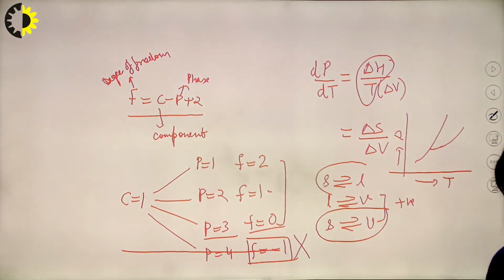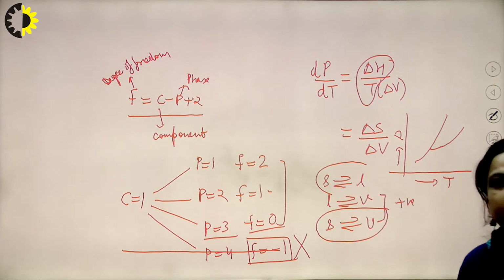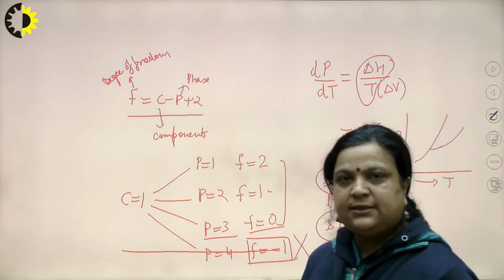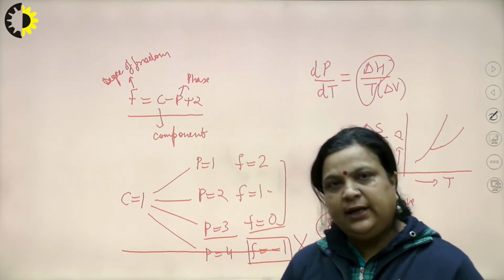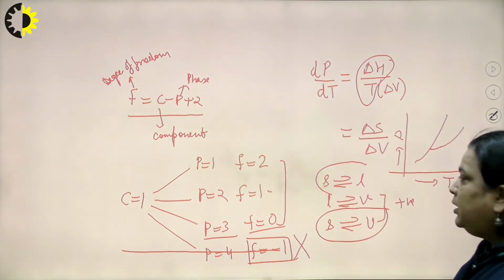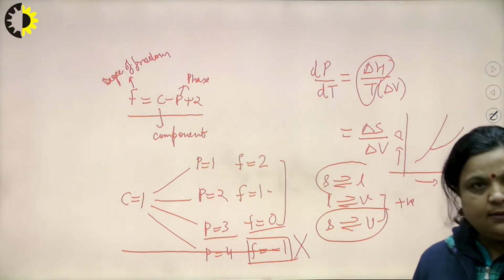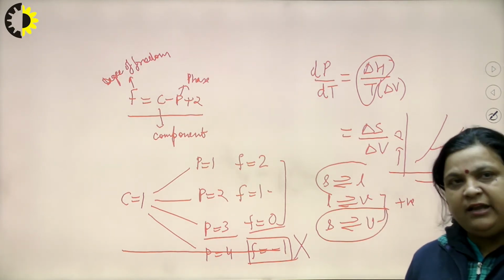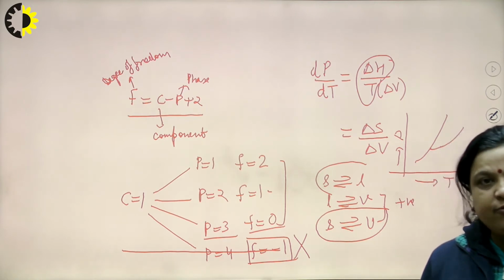But for the first, that is solid to liquid: for a simple liquid, we know that when solid converts into liquid, the randomness increases. It means dP/dT should be positive. But for water, we know that when ice melts, it shows different behavior because of the cage-like structure of ice.